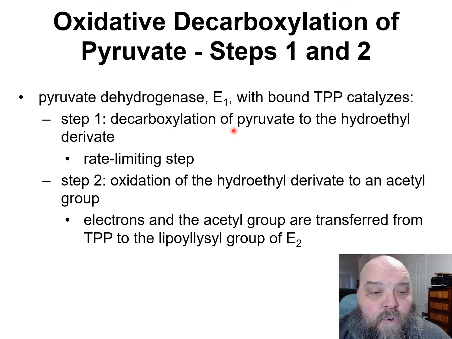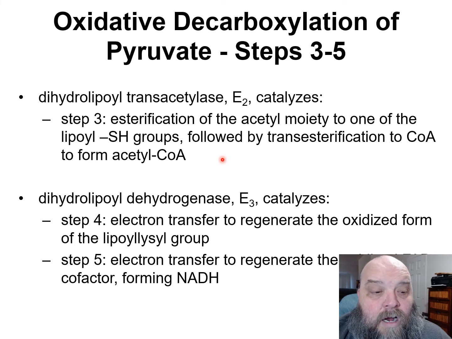So when you go through step 1, decarboxylation, step 2, oxidation, you notice that at no point in time, like I said, are these released. Esterification, electron transfer to regenerate, and then you regenerate the FAD by reducing NAD to NADH.